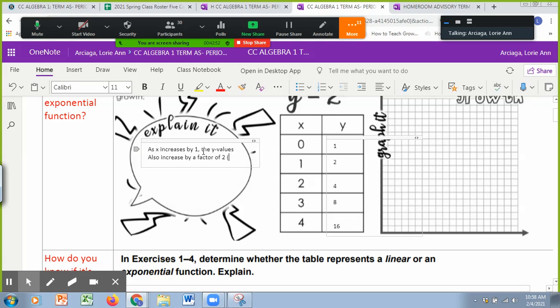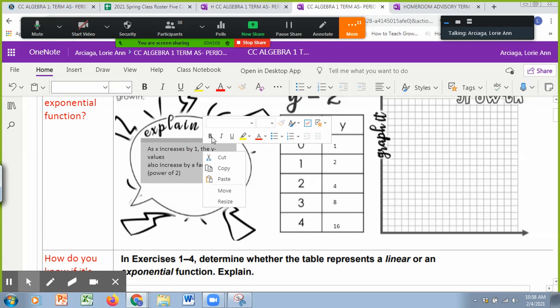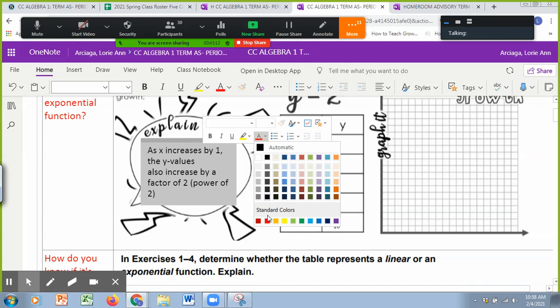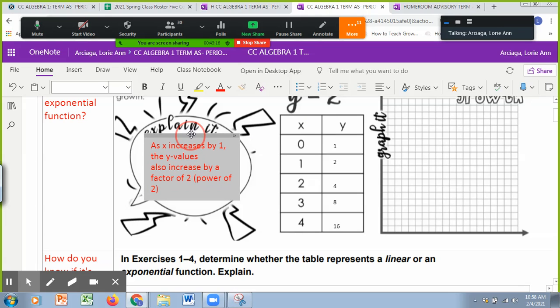I want to write what Emily put in the chat earlier, power of 2, if that will help you remember that one. You can make this one bigger also if you want to, or you can do the editing later on. All right, so as x increases by 1, the y values also increase by a factor of 2.